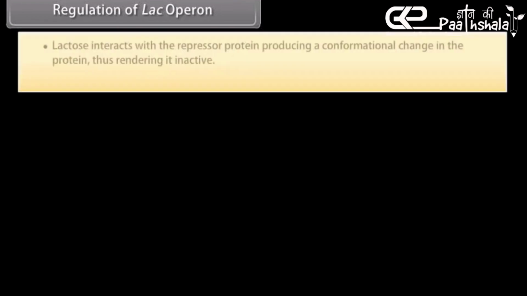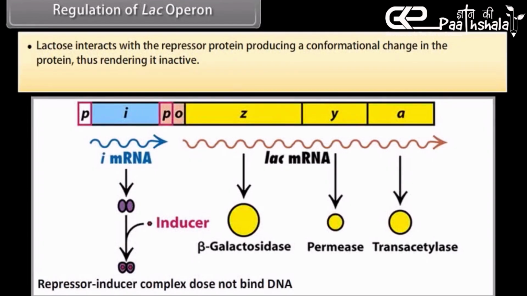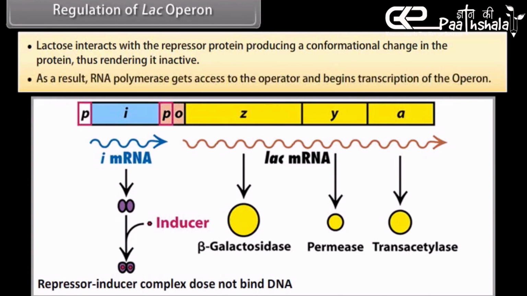Lactose is present. Lactose interacts with the repressor protein, producing a conformational change in the protein, thus rendering it inactive. As a result, RNA polymerase gets access to the operator and begins transcription of the operon.